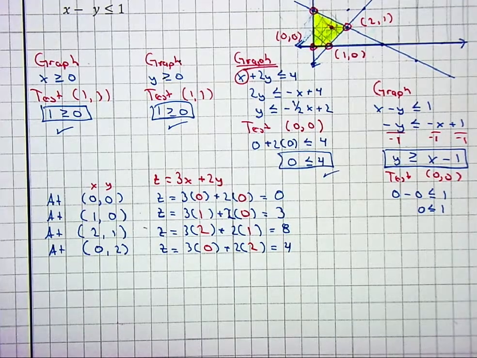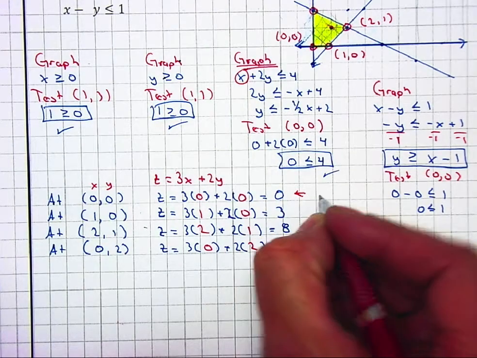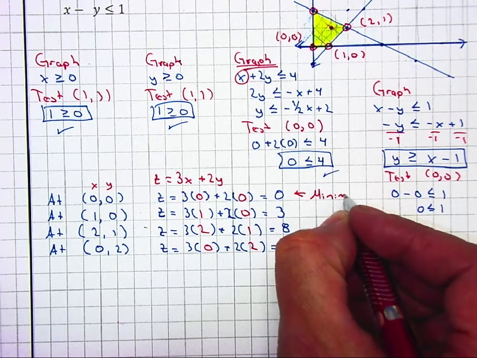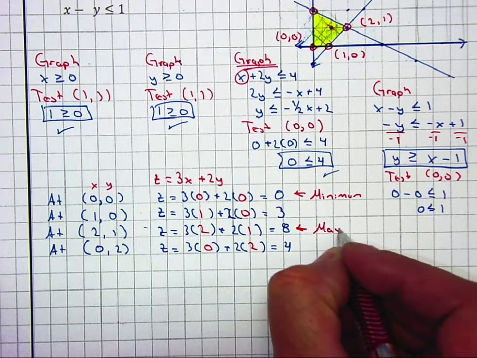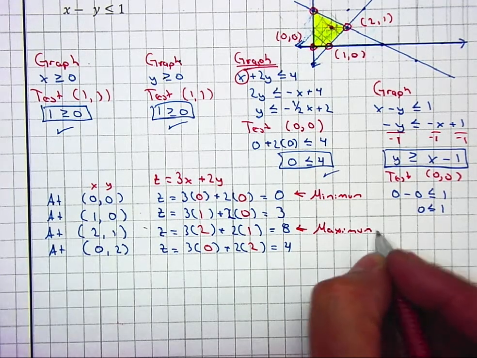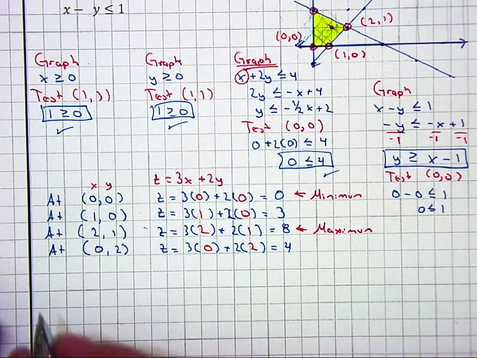So from here you can see that 0 will be our minimum value and 8 will be our maximum value. So we just need to write out the answer.